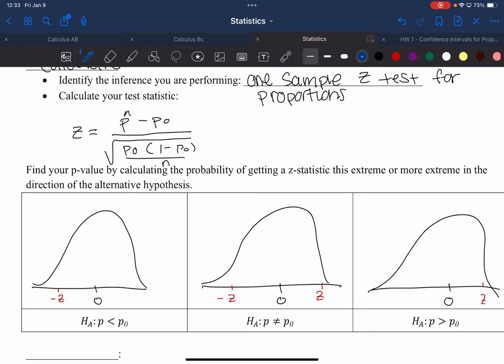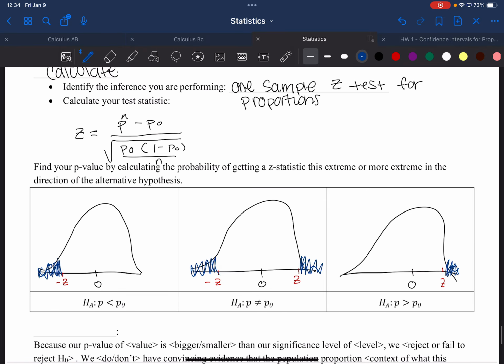This is less than, so it's to the left. This is not equal to, so it's on both sides. And this is greater than, so it's on one side. Those are all p-values. For that middle one, the two-sided test, we have to make sure we add both of those areas together.